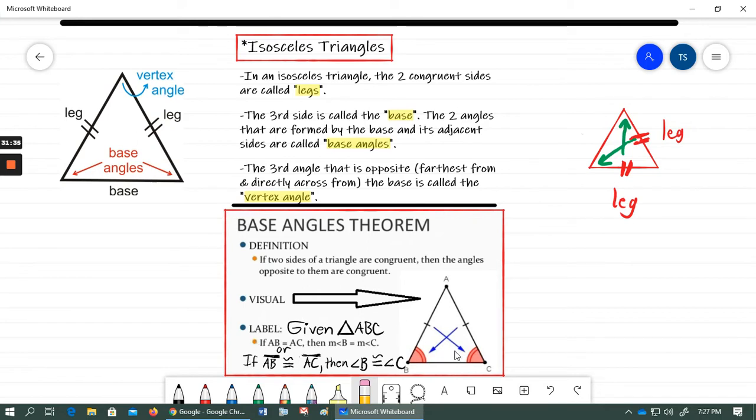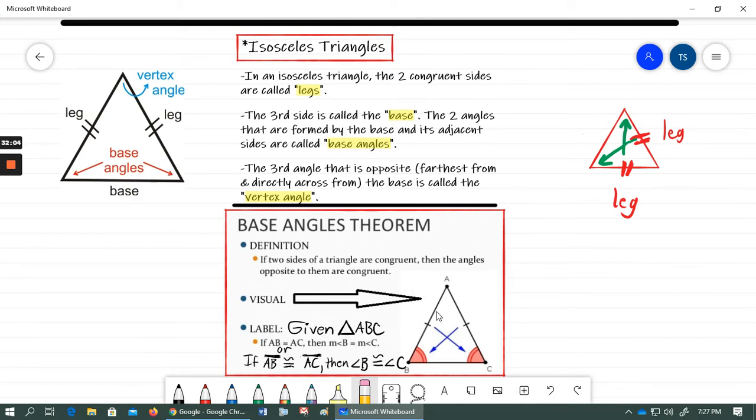So again, folks, one way that it could be written is using expressions. Instead of it being written out in words like that, it could be written out in expressions. For instance, given triangle ABC, if AB equals AC.